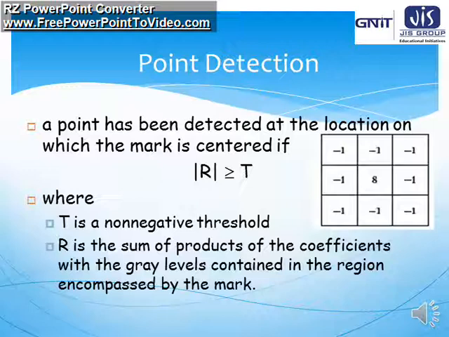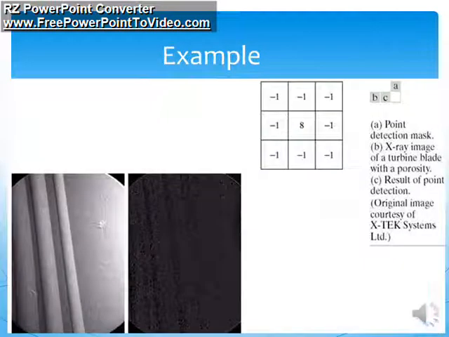If we move forward to the next slide, we will find an example of that. Here we can see some portions which have been given by dots. In the right side we have isolated pixels or points. Here we have used the same mask, where all the boxes are filled by -1 and the middle one is filled by 8.